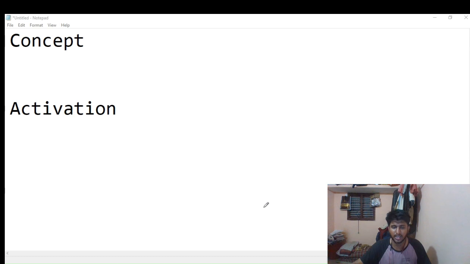There is another activation function you will come across, which is tanh. Its output will range from -1 to +1.